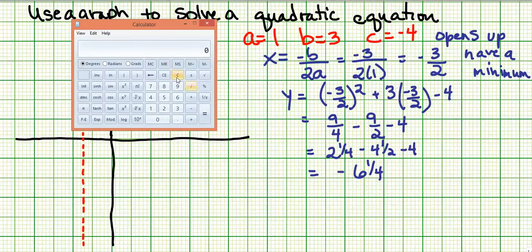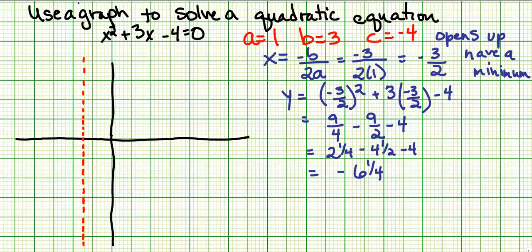2 1/4 minus 4 1/2 minus 4 is -6 1/4. So now I'm going to take that and graph that point on my axis of symmetry here. So I know that the point is going to be -3/2, which is -1 1/2, -6 1/4.